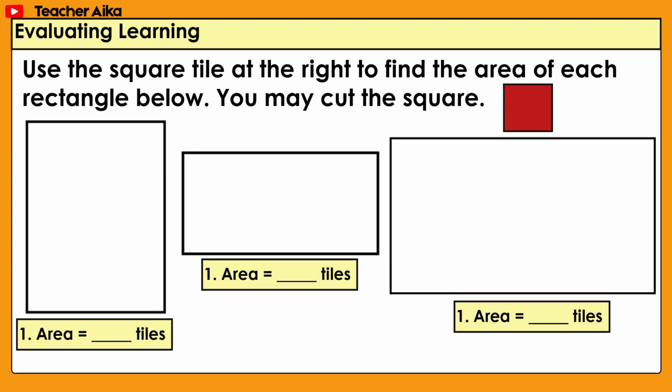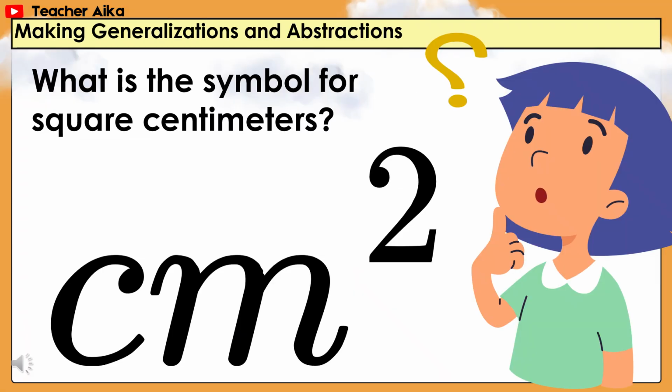For our evaluation, use the square tile at the right to find the area of each rectangle below. You may cut the square. What is the symbol for square centimeters? Square centimeters.